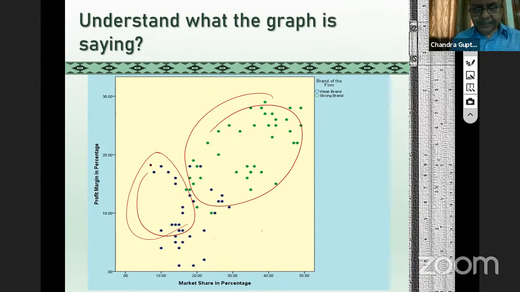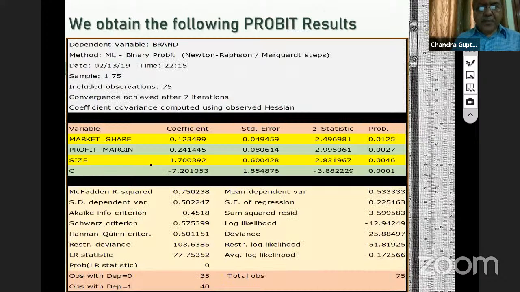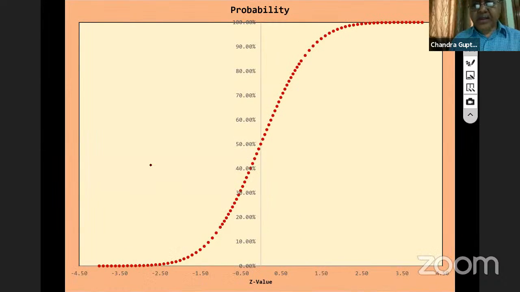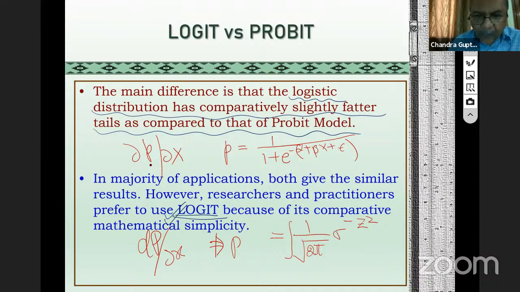We obtain the probit model and the following logit model, and that's how we get the estimate of the probability value. Which one should we use? That we have already discussed, compared to any other model.